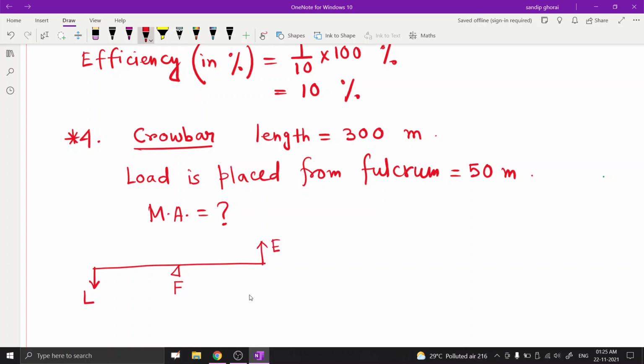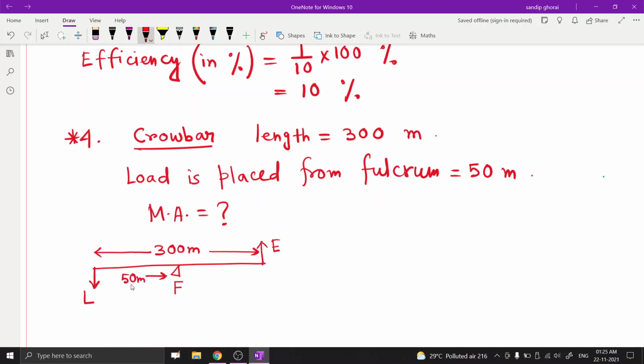So the length of the crowbar is 300 meter. The distance between load and effort is 300, and according to the question the load is placed 50 meter from the fulcrum, so the load arm is 50 meter.